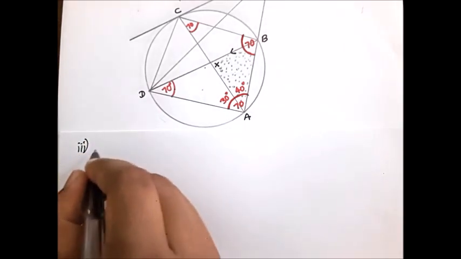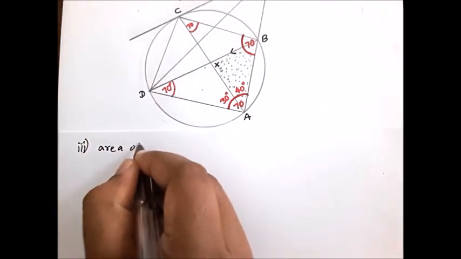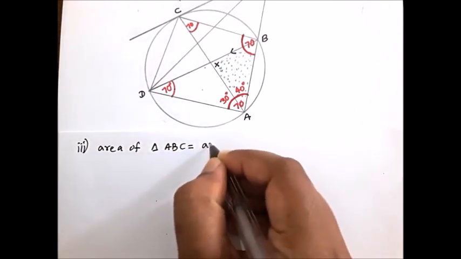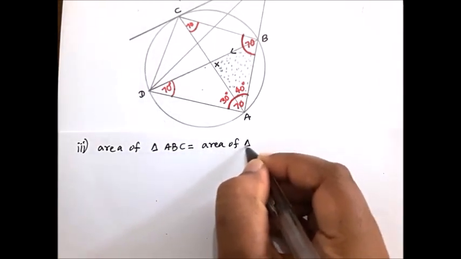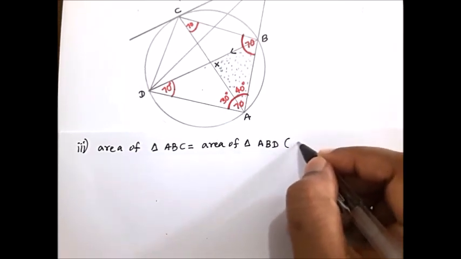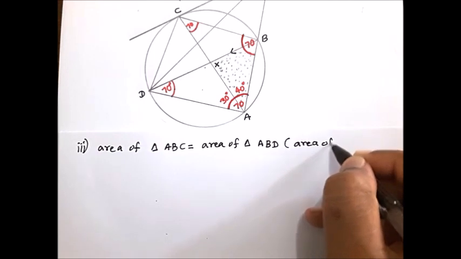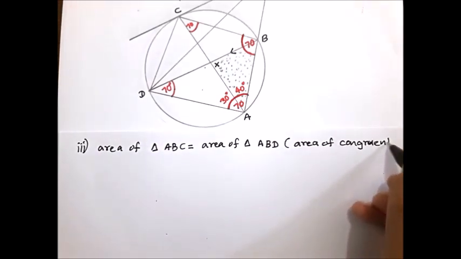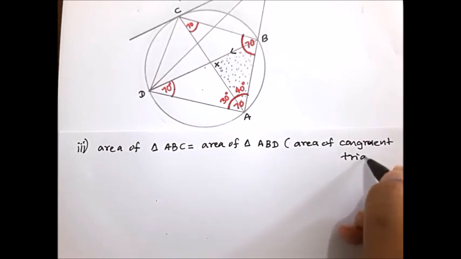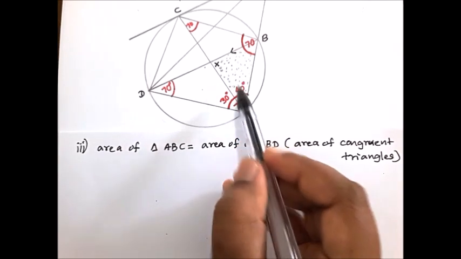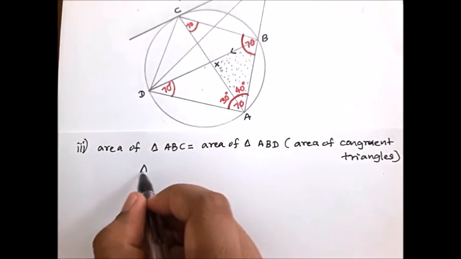Third one, area of triangle ABC equal to area of triangle ABD. Reason is area of congruent triangles are equal. Subtract this region AXB from both sides.